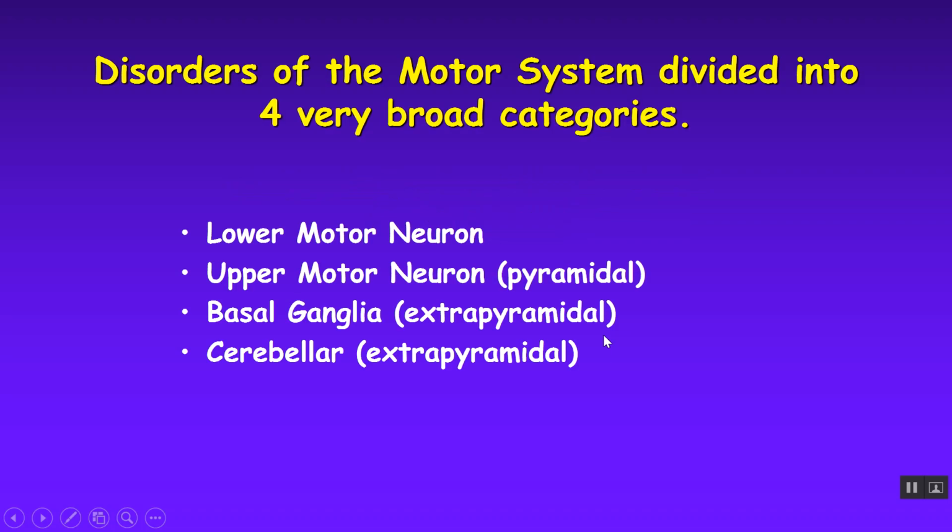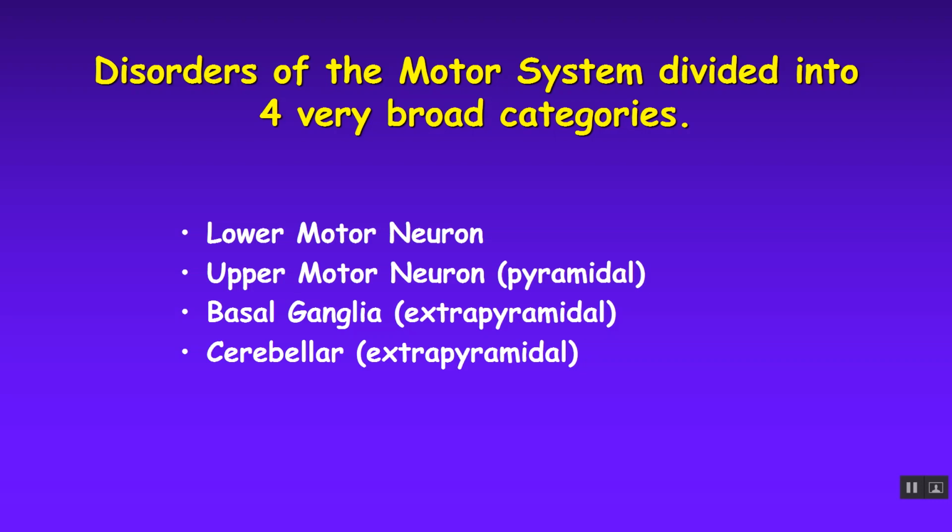So let's talk about this really important concept to know. Motor system problems can be divided into 4 broad categories. If you know these 4 broad categories, then you can suppose where a lesion is. You're looking for these signs or clusters of symptoms.